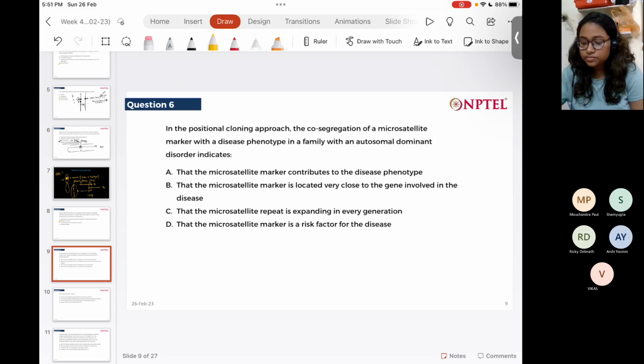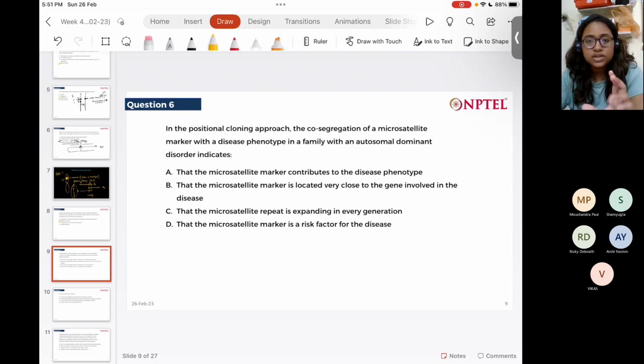Another question. In the positional cloning approach, the co-segregation of a macrosatellite marker with the disease phenotype in a family with an autosomal dominant disorder indicates what? People have identified that it is an autosomal dominant disorder, and there is a macrosatellite marker which co-segregates, meaning it is linked with the unknown gene you are trying to find.